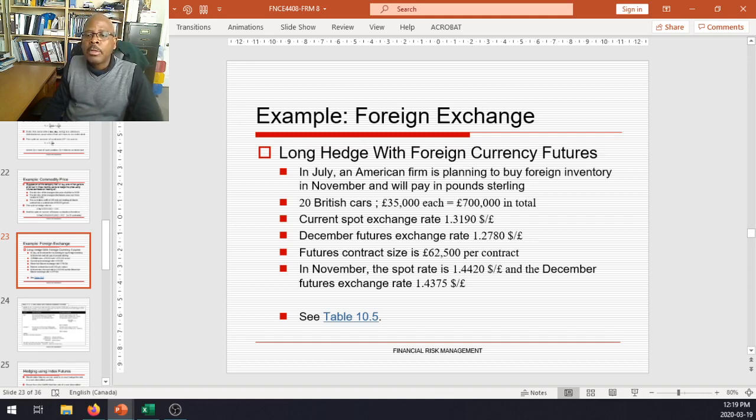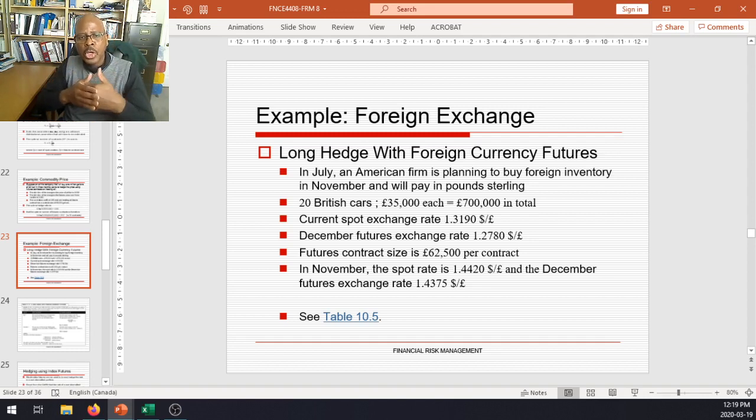The total amount of pound sterling they will need is 20 times 35,000, which is 700,000 pounds sterling, and they'll need this in November. There are no November futures contracts on the pound sterling, so the car dealer decides to go into December futures contracts.